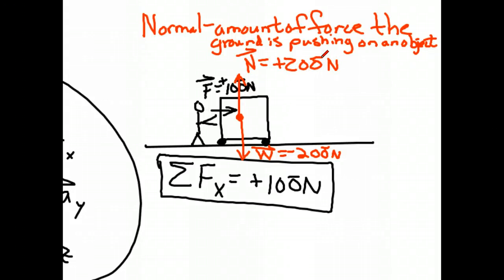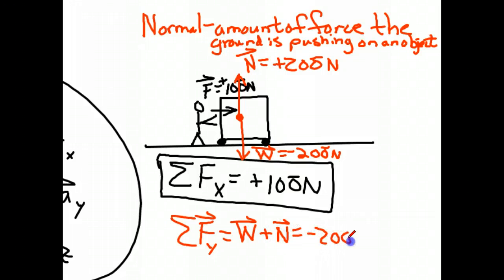Okay? So actually, the sum of the forces in the y direction would be the weight plus the normal. And if I take a look at that, it'd be negative 200 plus a positive 200, and that would equal 0.